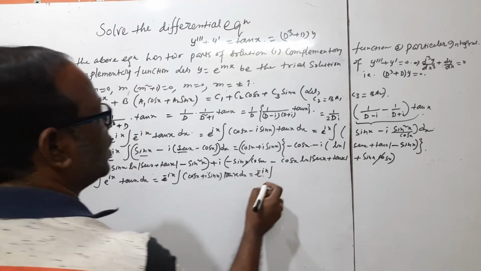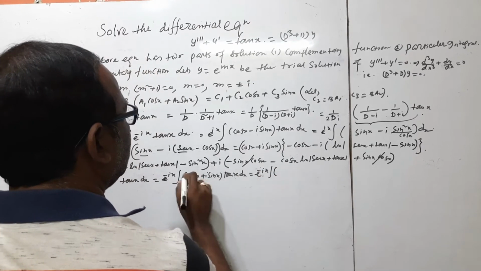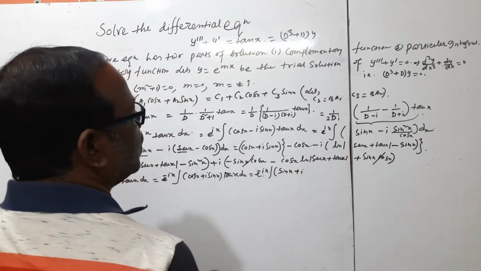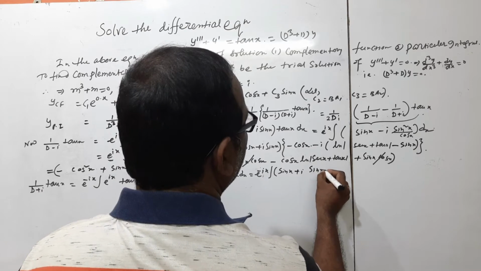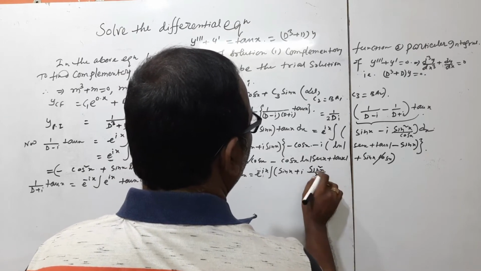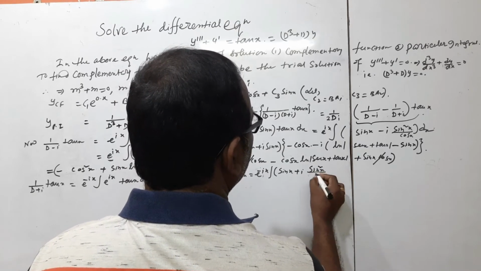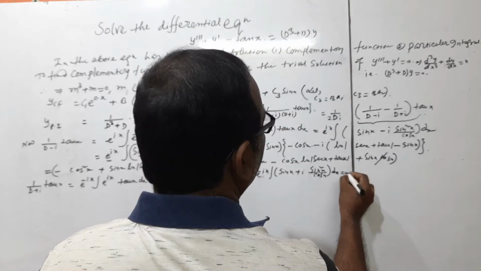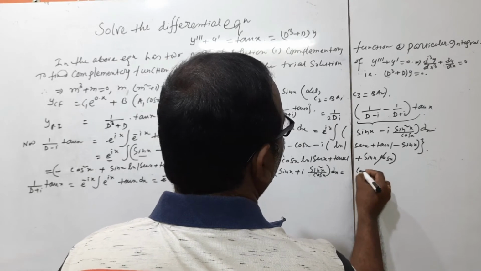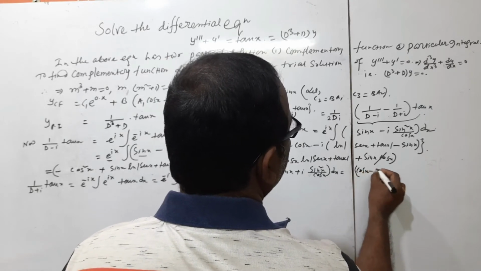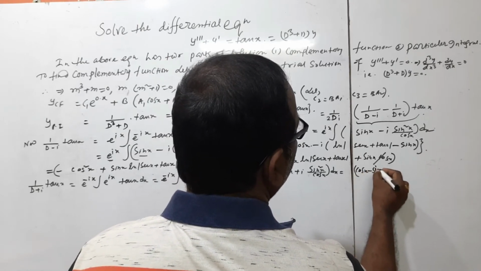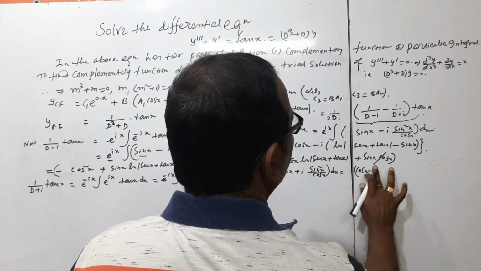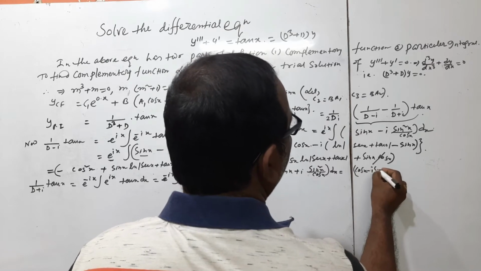So multiply by tan, then here cos cancels, so sin x plus i into this is here sin square x by cos x and dx, and that is equal to cos x minus sin x, cos x minus i into sin x.